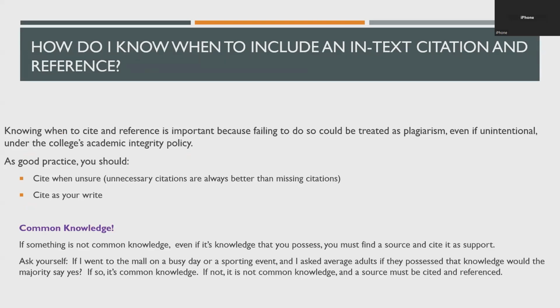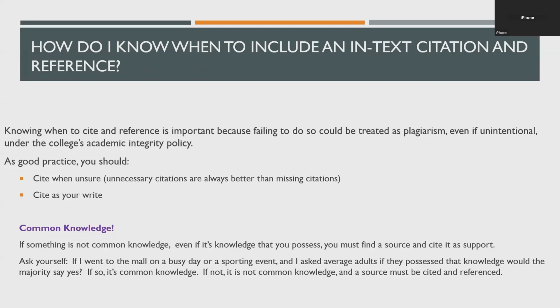Now we're talking about, when do you actually cite something? What I recommend is it's better to be safe than to be sorry. So if you're not sure if you need to cite something, I would just be safe and cite it, because it's better to have an unnecessary citation than to accidentally plagiarize something.